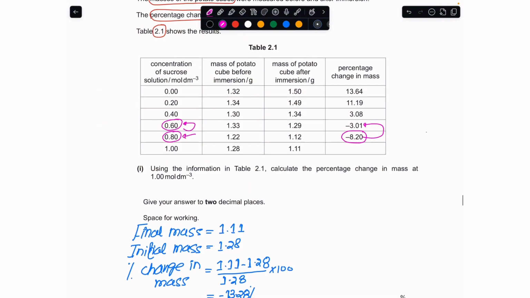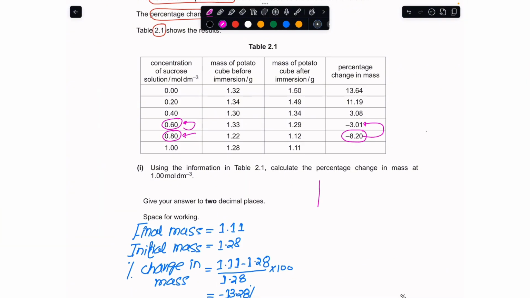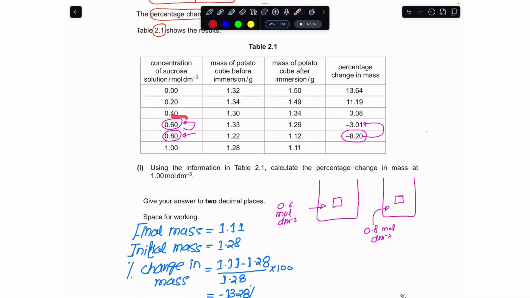Now, what you have to understand here is that if I were to have a beaker here with a surrounding concentration of 0.6 mole per dm cube, and a second beaker with a concentration of 0.8 mole per dm cube, and if I immerse the potato cubes into both of these, the idea is simple: at both concentrations we are seeing a loss in the mass of the potato cubes, or a decrease in their percentage change in mass.